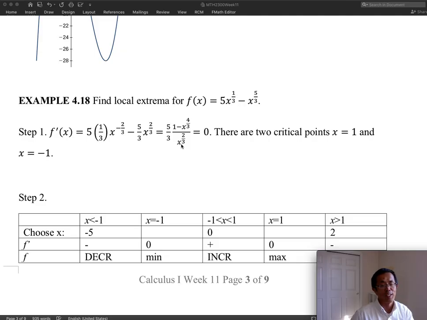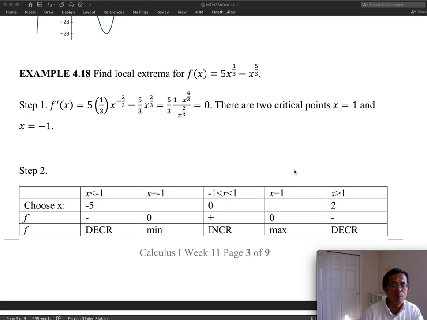The denominator still cannot be 0. The only chance for this derivative to equal 0 is for the numerator to be 0. So I figured out there are 2 solutions, 2 possible ways to make the numerator 0: x equals 1 or x equals -1. These are the critical points.